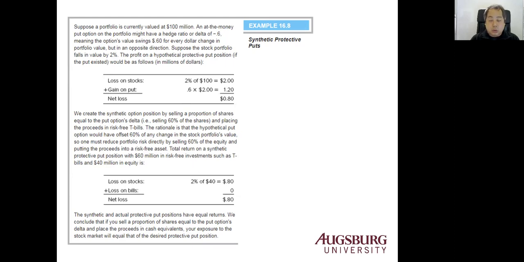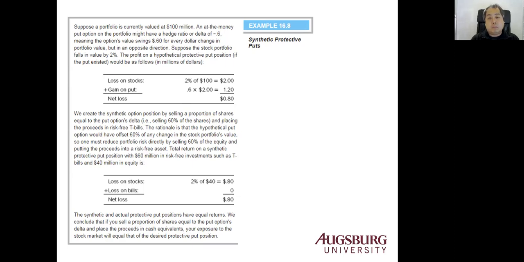Second, I want you to know how to get the value of the option using the Black-Scholes model with the Excel spreadsheet we provided. I don't want you to just copy and paste. I really strongly recommend you create your own spreadsheet, step by step.